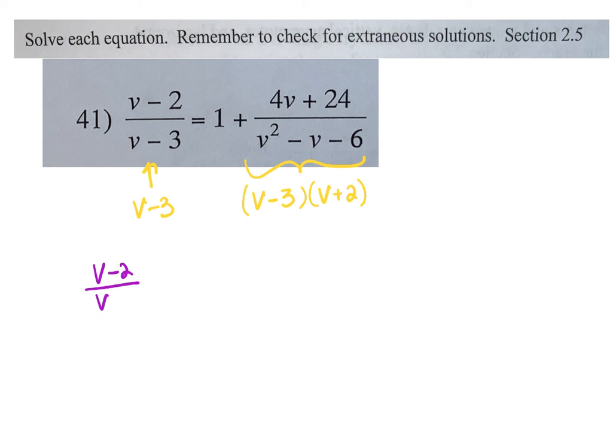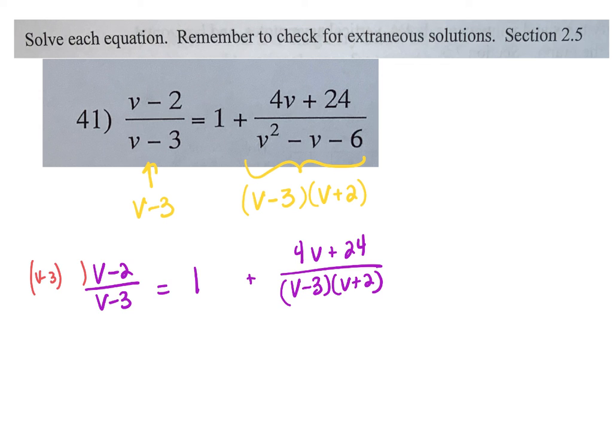So I'm going to say v minus 2 over v minus 3 equals 1 plus 4v plus 24 all over, I'm going to write this as v minus 3, v plus 2 because that's what it is. And I'm going to multiply every single piece of it by that v minus 3, v plus 2, all right?